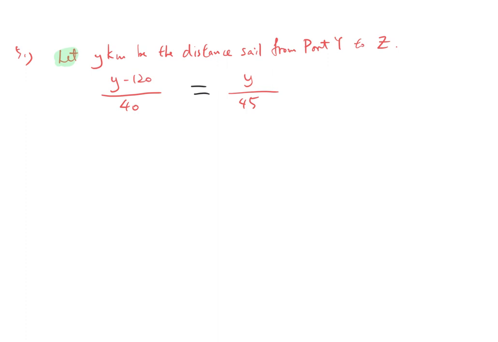We multiply the 45 to the other side and also multiply the 40 to the other side. So next we've got 45 times (y minus 120) and then 40 times y. Then we expand the left hand side.